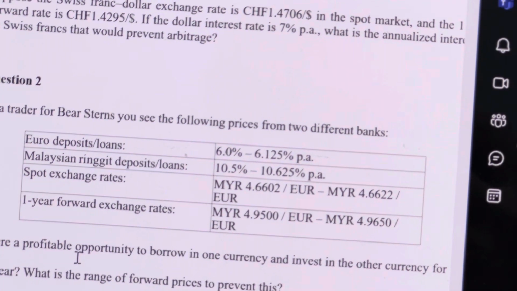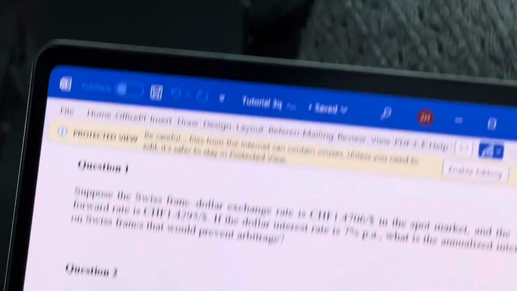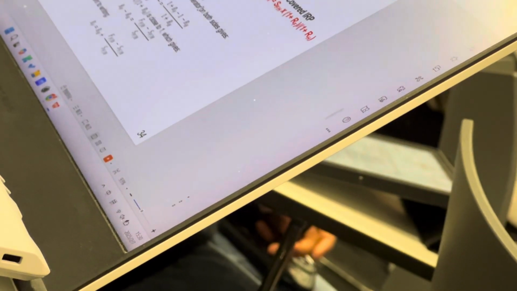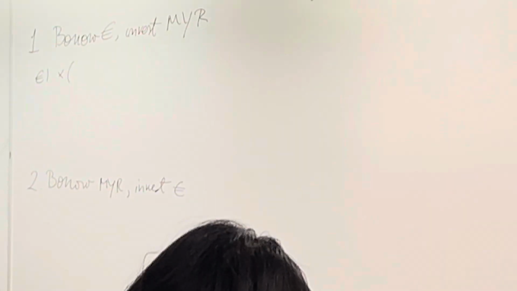So the bank will always deposit our money at the lower rate and lend to us at the higher rate, and they make money from the difference. So we said we are borrowing euros, so which, the deposit or the lending rate for euros, should we use?